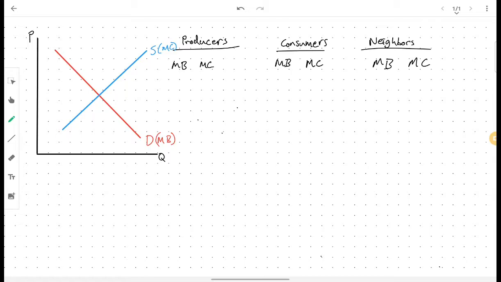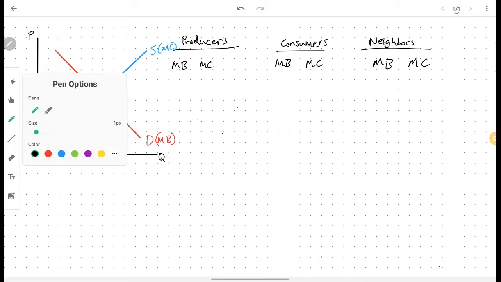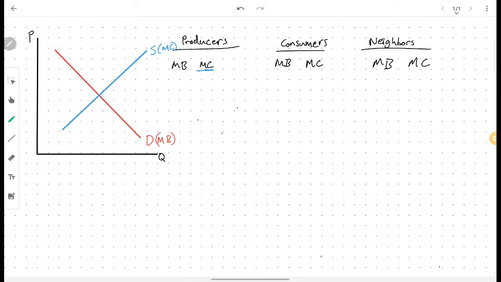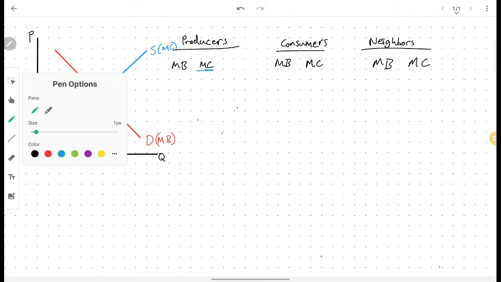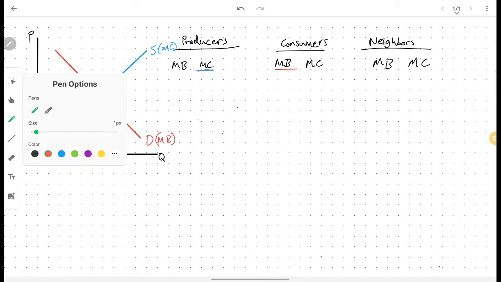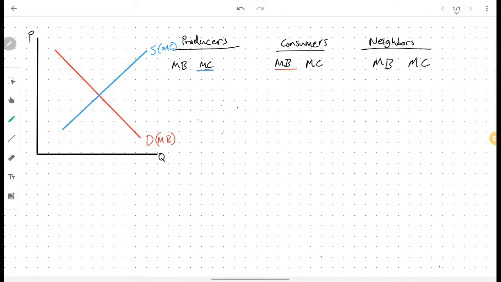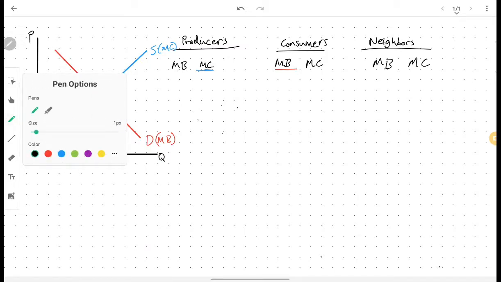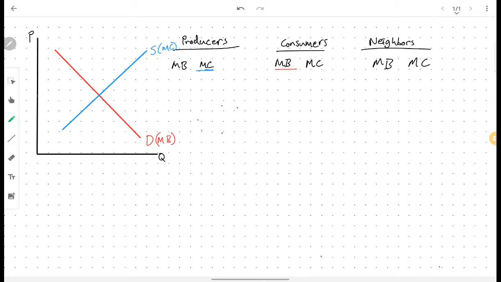So here's that marginal cost of producing and the marginal benefit to consumers. So these are the two pieces of information that show up as supply and demand. But there are four other things in this diagram that could be useful. So the marginal benefit to consumers, to producers, that one might be a little hard to think about. But let's look at what the price is.